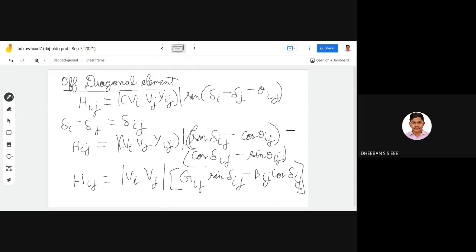So this is what we will be getting as an off diagonal element.